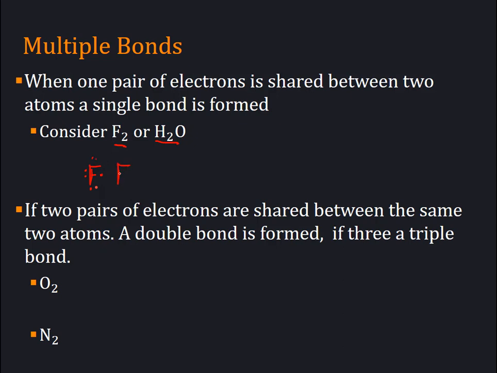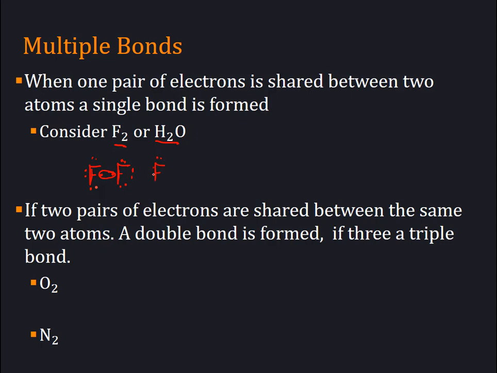So if I have two fluorine atoms, each one of them has 7 valence electrons. And what we can see is these two right here can actually bond and form a shared spot. So these two electrons actually get to count for both fluorine atoms. They both think they have those two. They're both attracted to those electrons. And we represent this with a single line.